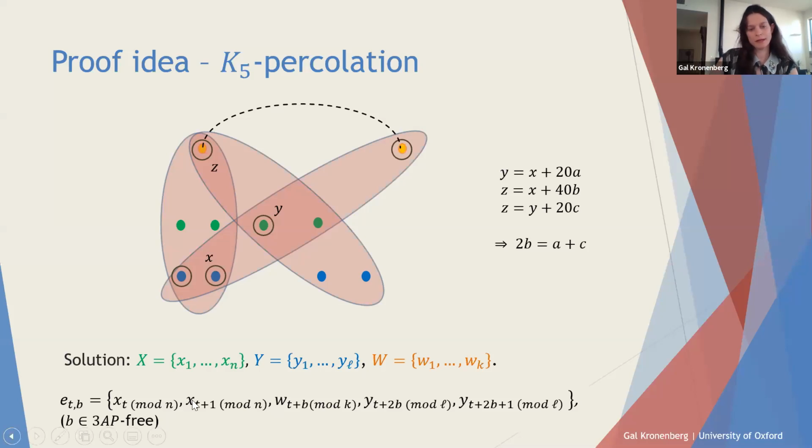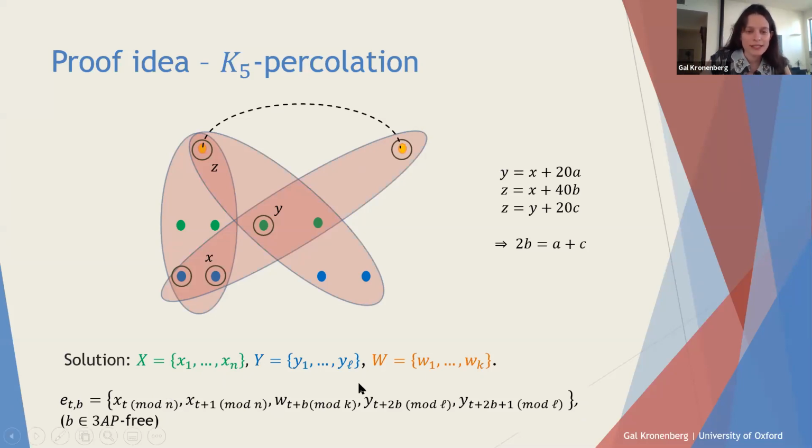So maybe let me just explain a few more words about this new construction, this new idea of how to take these hyperedges. Once again, I have n green vertices, l blue vertices, and k yellow vertices. And actually, N, L, and K could all be the same, it doesn't really matter.